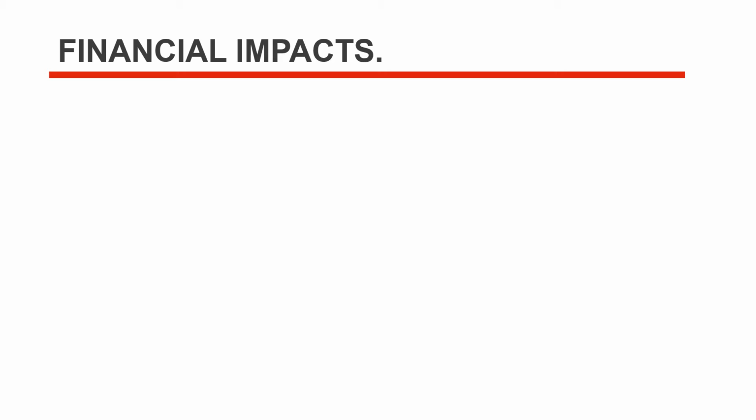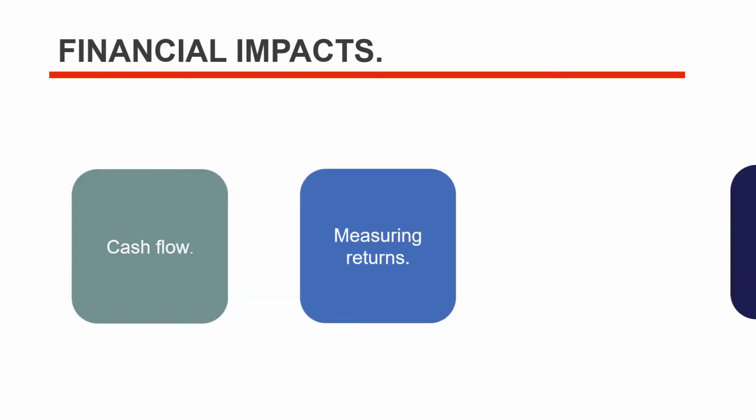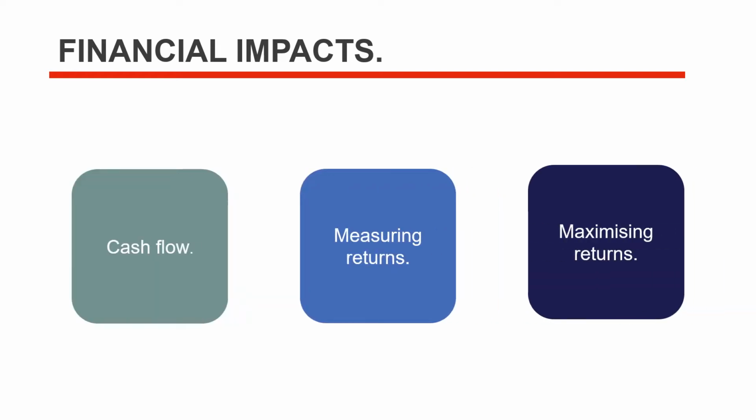So we're going to look at how the property might impact our personal cash flow and how to put together a cash flow forecast for the property to ensure it's either self-sustaining or we know when we're going to need to dig into our own pockets to support it. We'll look at how to measure the return we're getting on the money we have invested. And finally, what are some of the things we can do to maximise those returns?